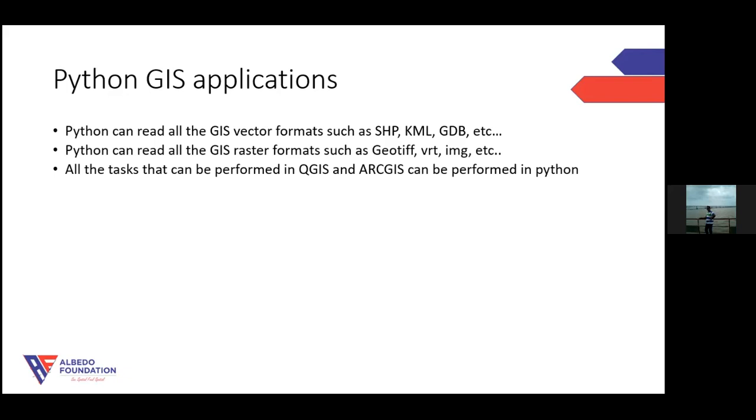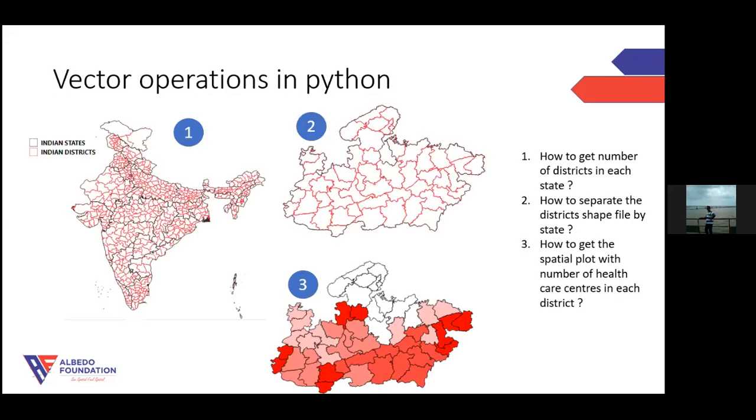Whatever tasks you can perform using QGIS or ArcGIS, you can perform in Python. The only thing is you have to know basic Python and advanced Python, and you have to know Python GIS programming. These are just a few applications, I would say 1% of what we can do in Python GIS programming.